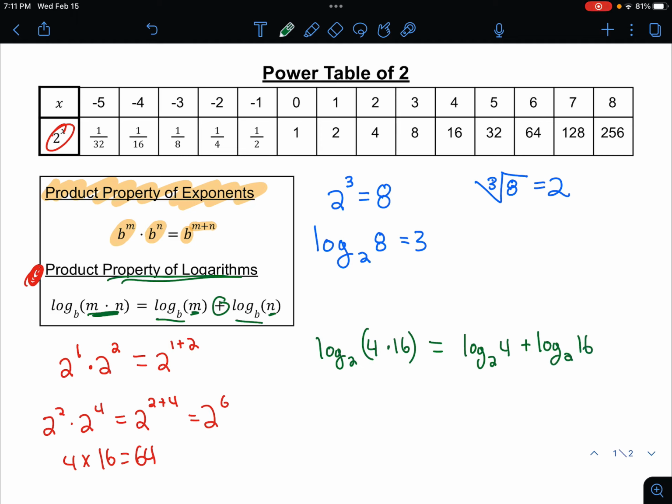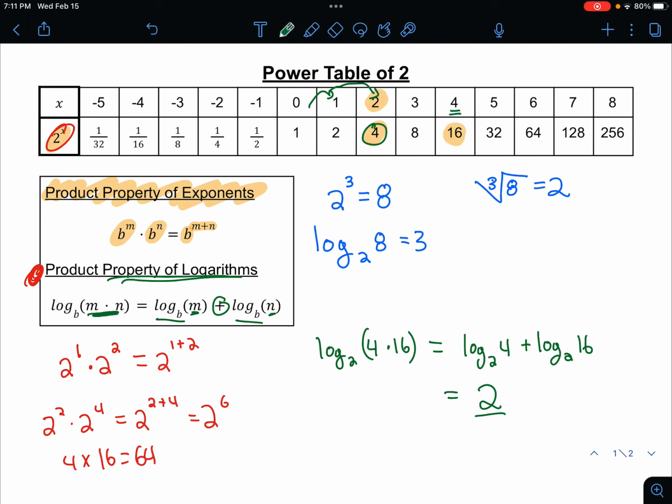And the reason that this works is because 4 represents 2 multiplications of 2, right? Log base 2 of 4 is 2. So this whole thing is just 2 multiplications of 2. Then log base 2 of 16 represents 4 multiplications of 2.